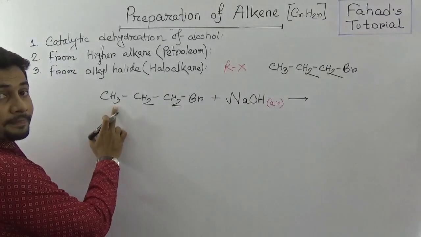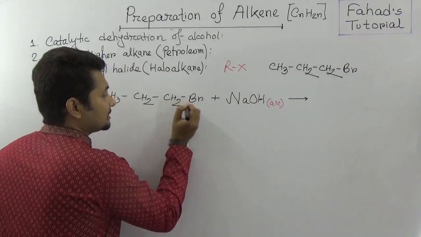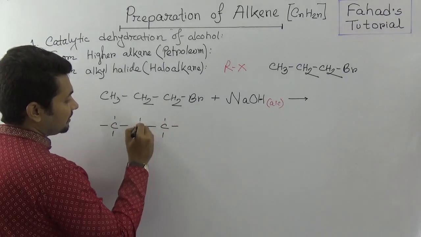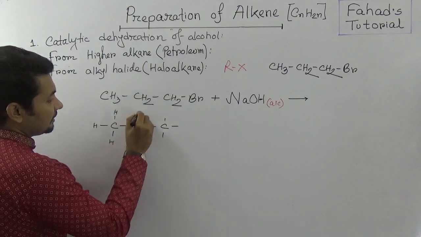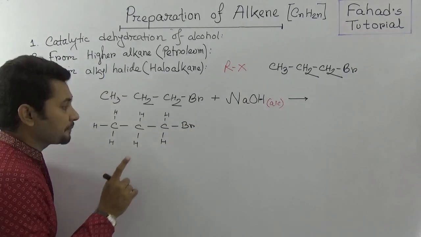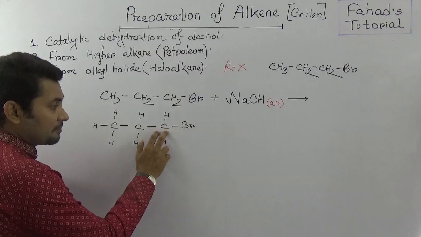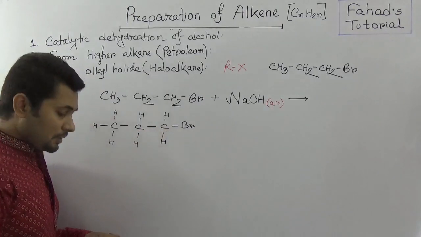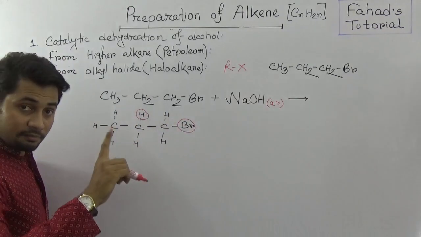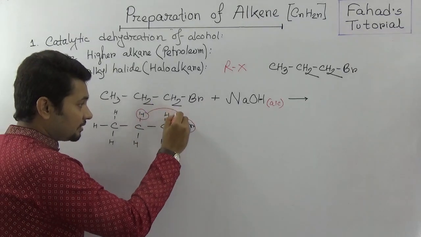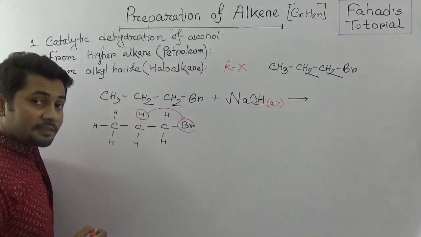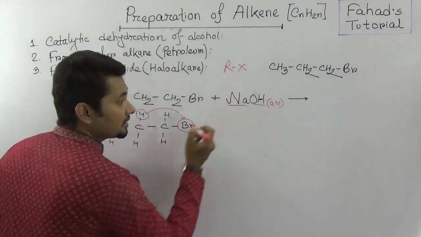produce what? You see, CH3, CH, Br, okay, hydrogen is everywhere, and bromine is here. What will happen? From the corresponding 2 carbons, 1 hydrogen and 1 bromine will be removed. And when hydrogen and bromine are removed, this hydrogen will produce water and this bromine will produce sodium bromide.